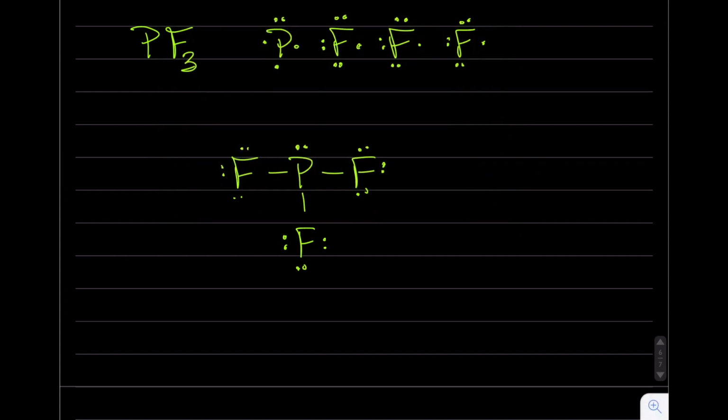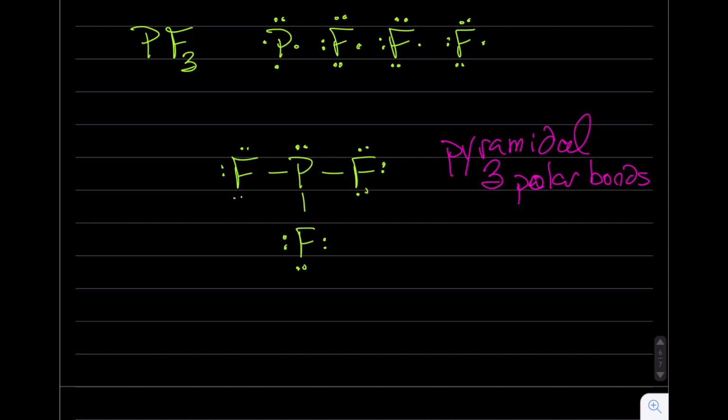And for our shape, we have 4 electron domains, 3 bonds, 1 lone pair, which makes our shape pyramidal. Pyramidal. Okay. Our bond is definitely polar, right? So we have 3 polar bonds.